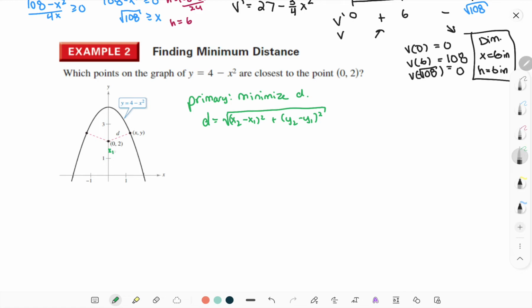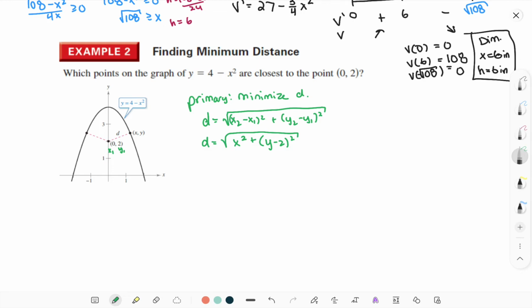I also have x1 and y1 as values. So here's my equation. The distance is the square root of x minus 0 squared. So I'm just going to go ahead, cheap out, write x squared plus y minus 2 squared. This is what I'm trying to maximize or minimize. This is what I'm going to take the derivative of.